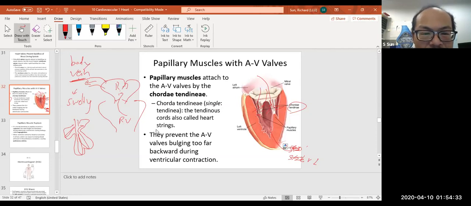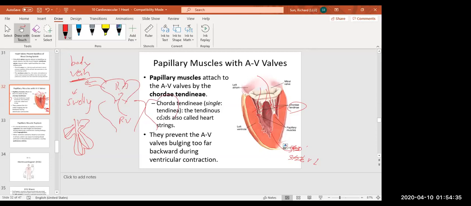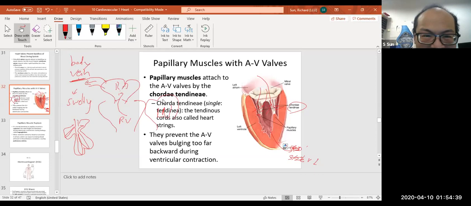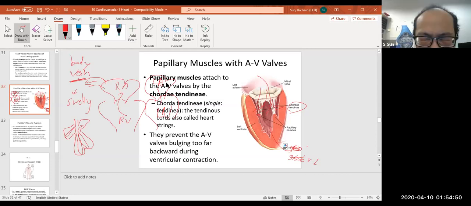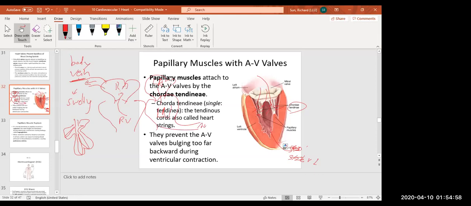And if it's left, left ventricle and left atrium, then it will go into the pulmonary vein.